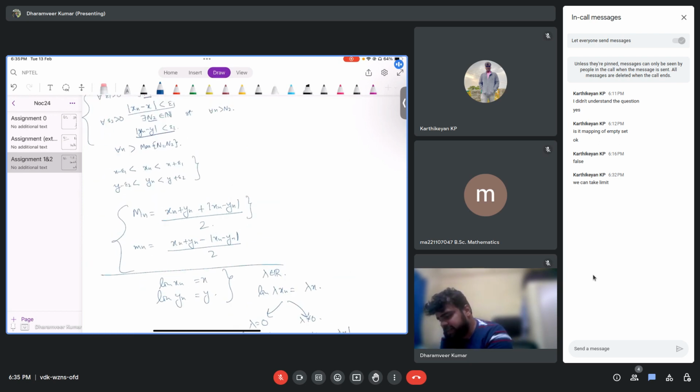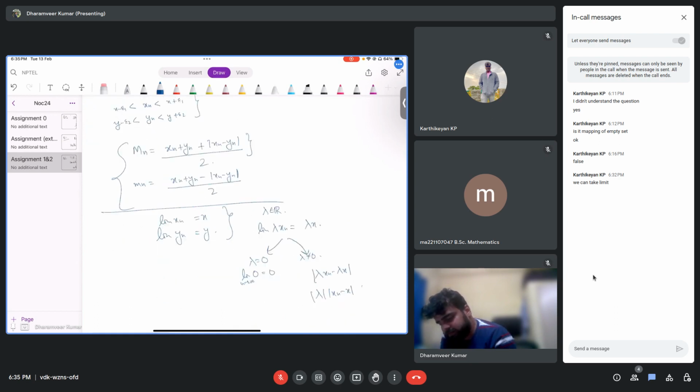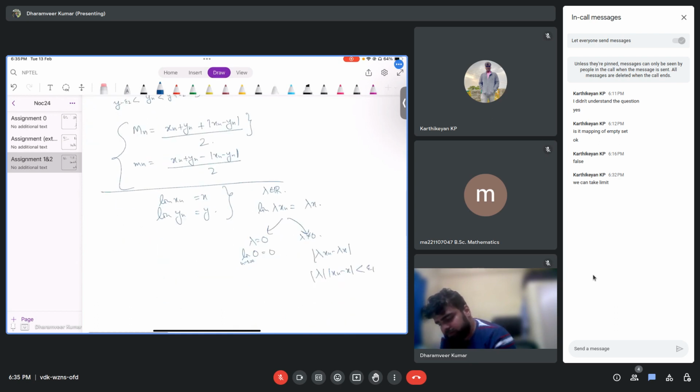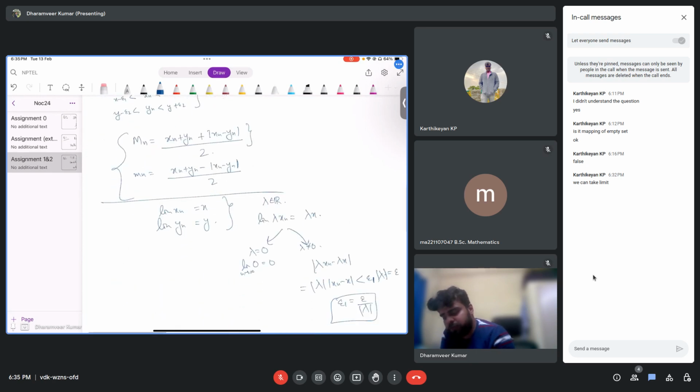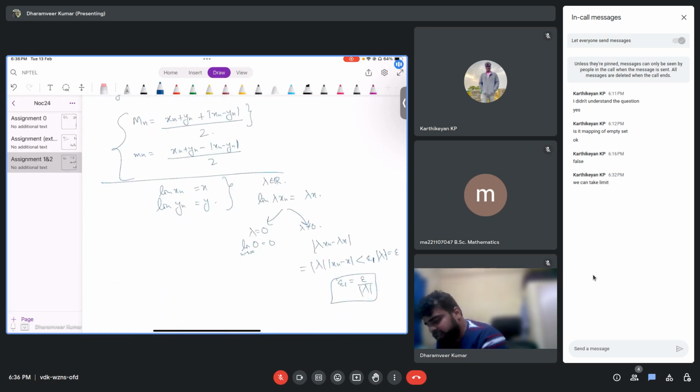We have xn minus x bounded by epsilon, so this is bounded by epsilon times mod lambda, right? Just name this epsilon. So for every given epsilon, you choose epsilon 1 equal to epsilon over mod lambda, put it over here, and you get an n1. For that, this is true. So we have done this case.